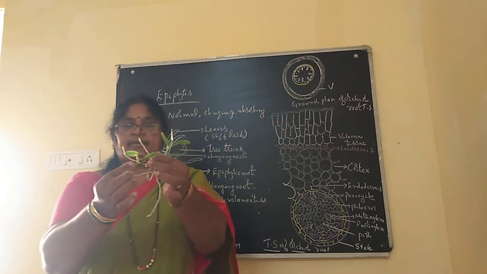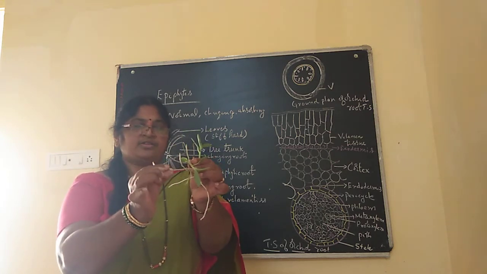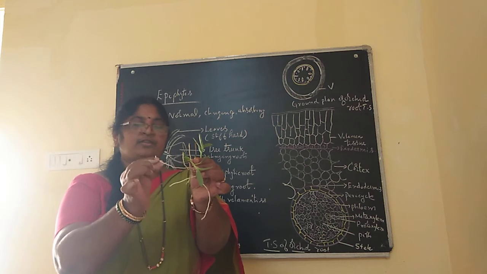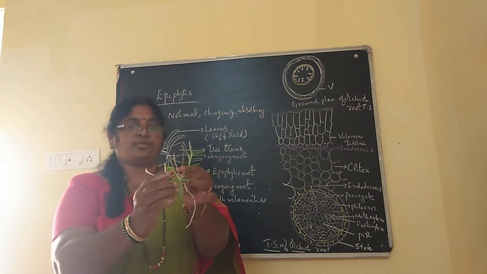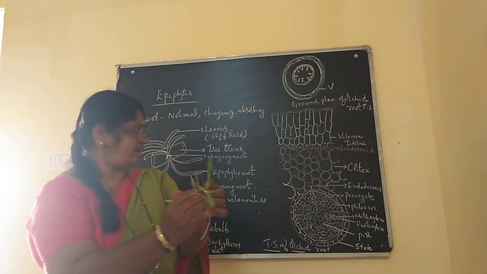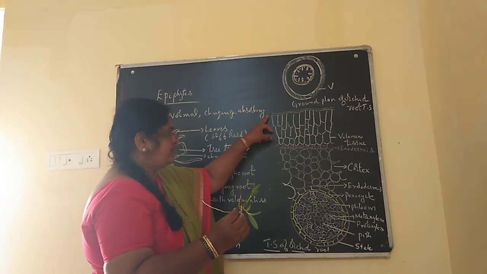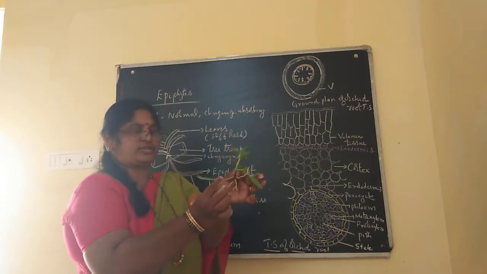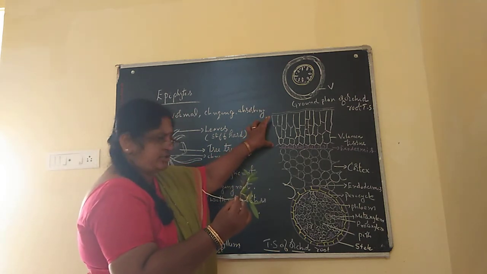You can see this white tissue, which is very special for these orchids or epiphytes, and which helps in absorption. In the transverse section of this epiphytic root, the outermost layer, white in color, is called velamen tissue.